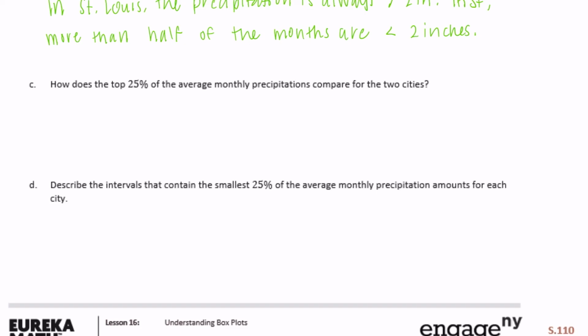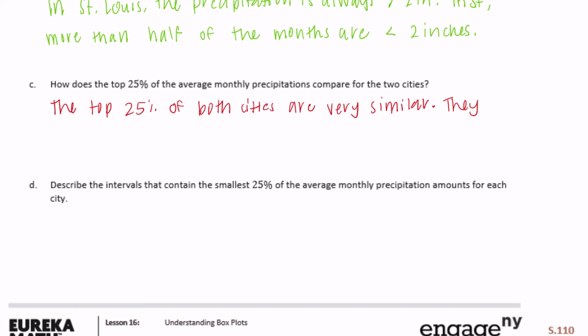Let's just say the top 25% of both cities are very similar. They are spread over the same interval.